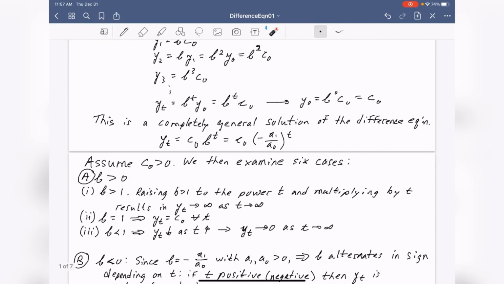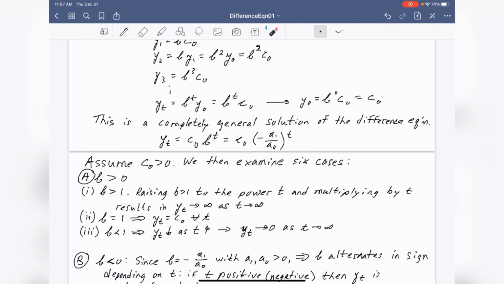The first is that we assume c0 is greater than 0 and that b is greater than 0. If b is greater than 1, we see that raising b to some power t and multiplying by c0 results in y_t approaching infinity as t approaches infinity.